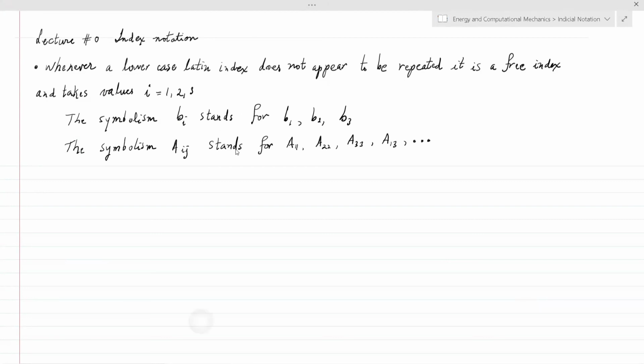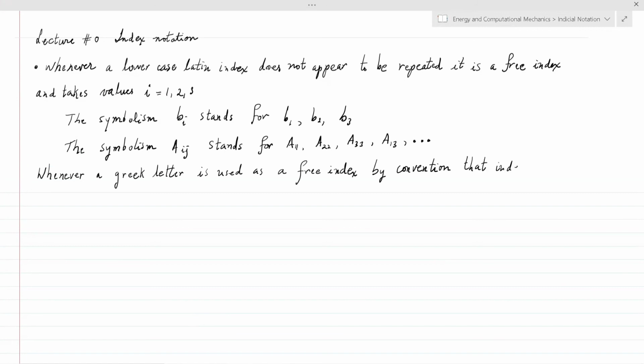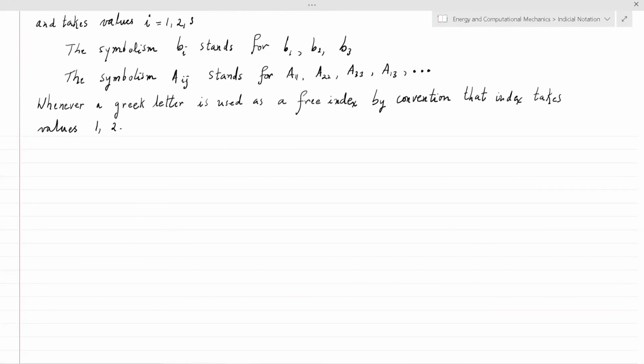Does that make sense? Yeah. So whenever we use a Greek letter as a free index, by convention, that's going to be an index that takes only values of 1 and 2.